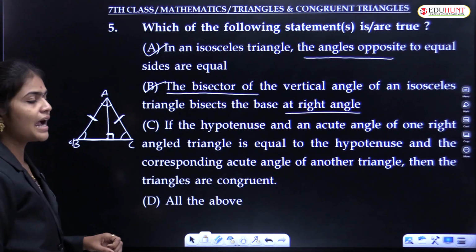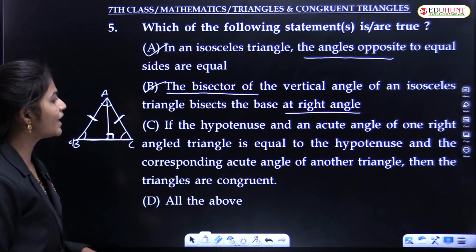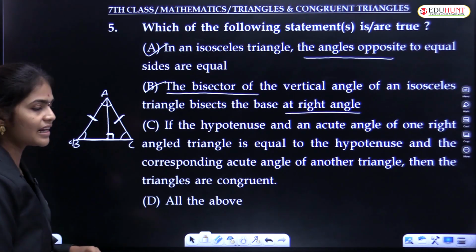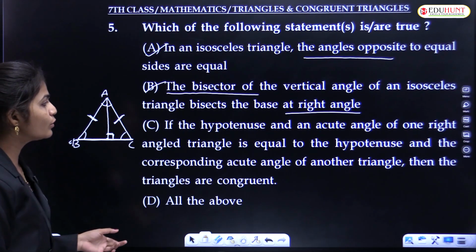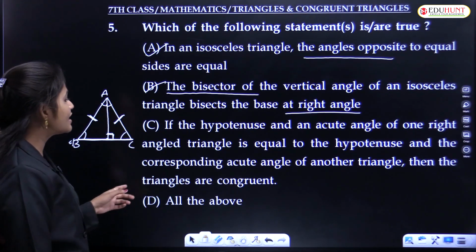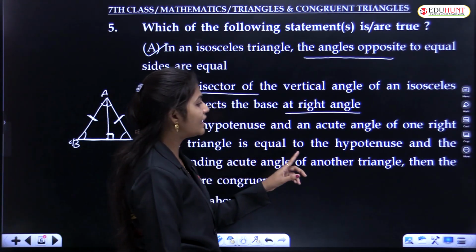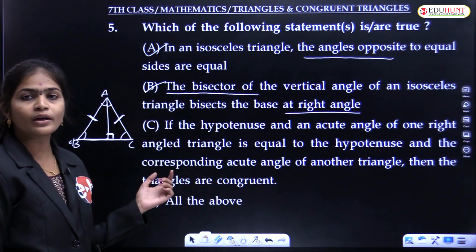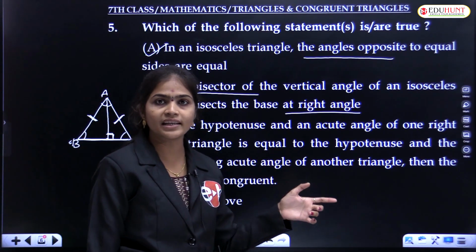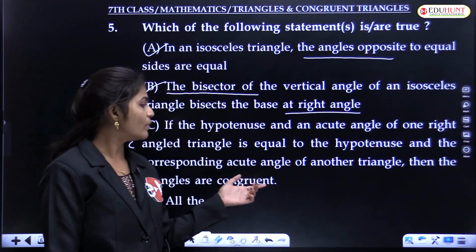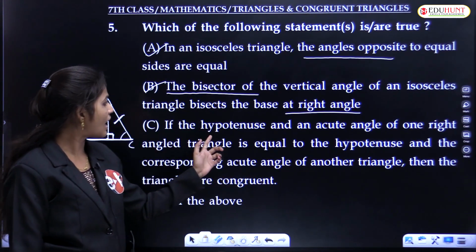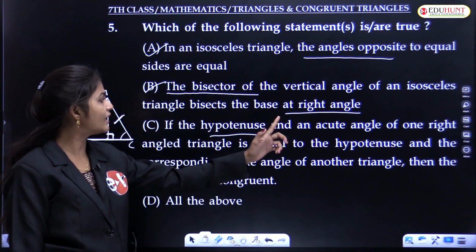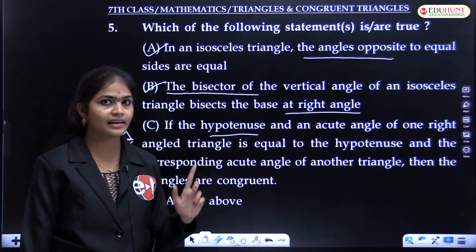Next, if the hypotenuse and an acute angle of one right angled triangle are equal to the hypotenuse and the corresponding acute angle of another triangle, then the triangles are congruent. This is related to congruency, and they have given the hypotenuse and acute angle of one right angled triangle.